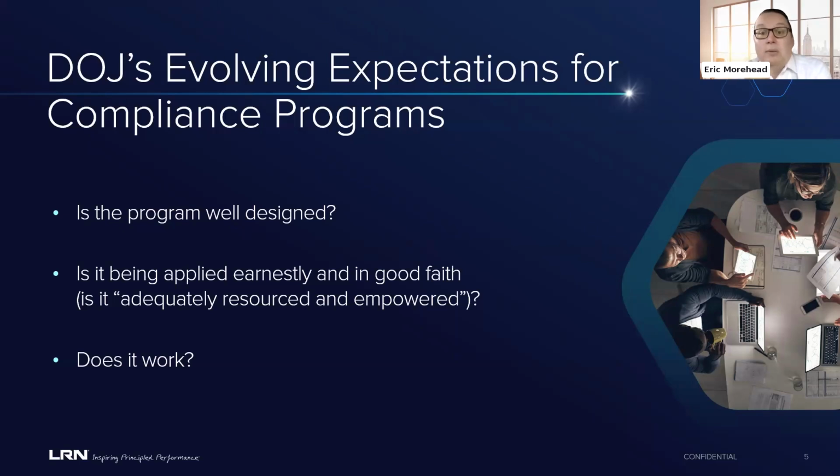So resources, but also how is compliance empowered to do the job? And then lastly, and this dovetails directly to our main thrust for today, does it work? How are you measuring the effectiveness of your program?